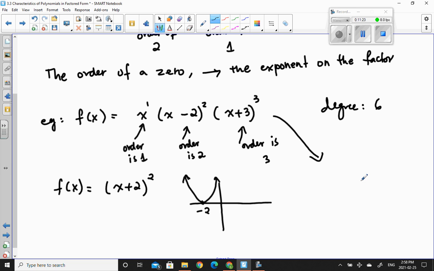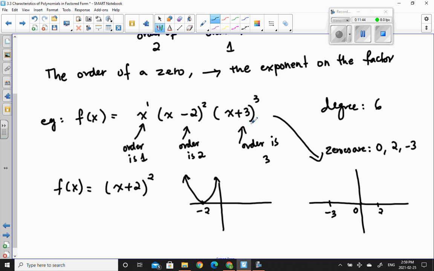Okay, it's not the exact graph, but a possible graph would be: the zeros for this function are 0, 2, and -3.